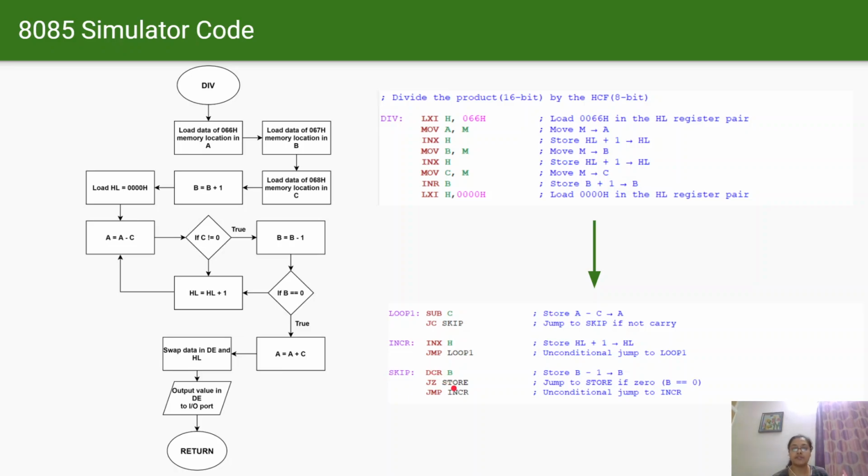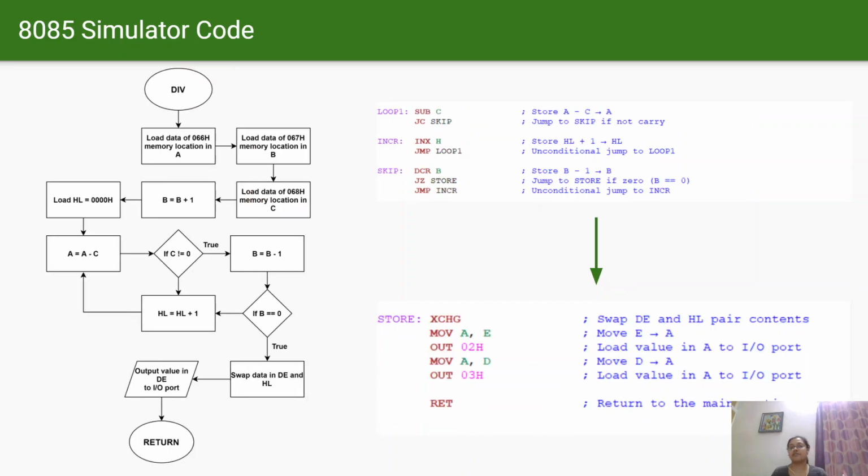And then if even B becomes 0, then we will go to the output subsection, because if the most significant bits also become 0, then our entire numerator has become 0 and the division has gotten over. So when B also becomes 0, that is jump to store. If B is equal to 0, then we'll go on to storing those values or outputting those values through the IO port.